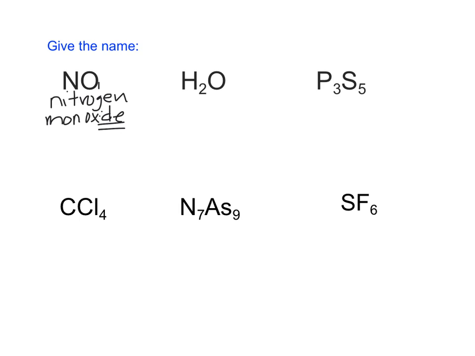So let's name H2O. You might be thinking that's water, and yes, we can use its common name, but for the sake of today, because we're learning the system, how could we name H2O using this covalent nomenclature system? So our element is hydrogen. There's 2 of them. The prefix for 2 is di, dihydrogen.